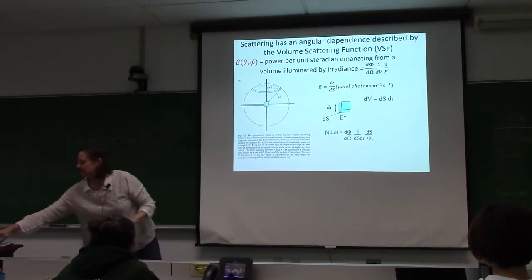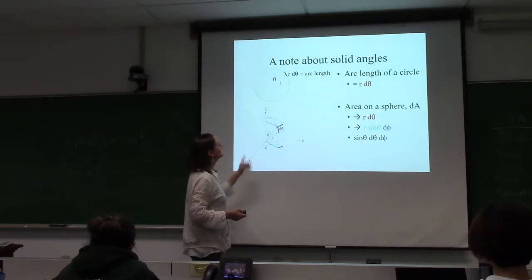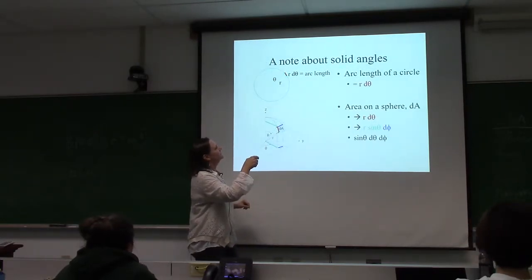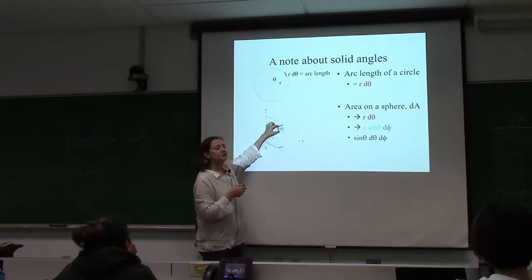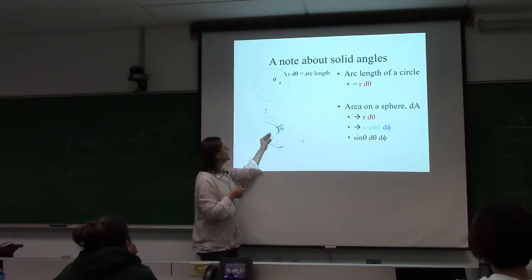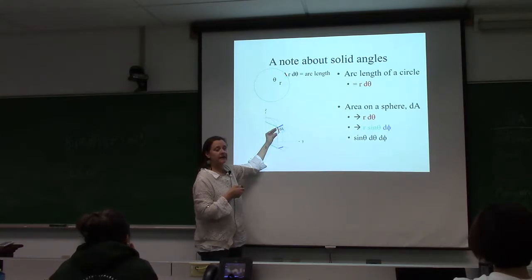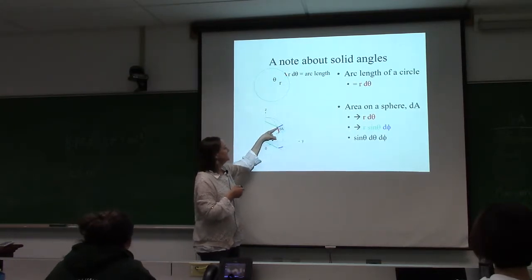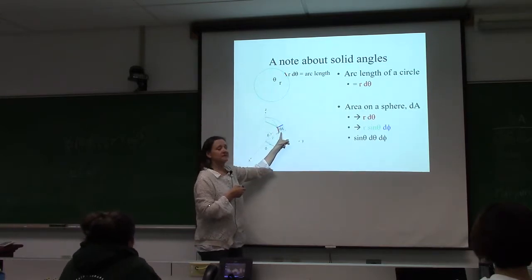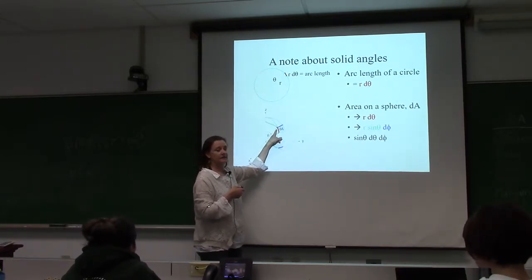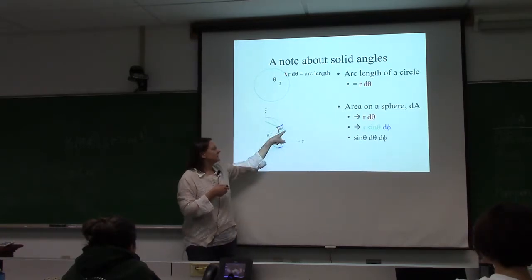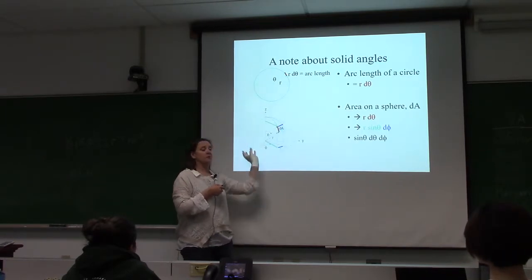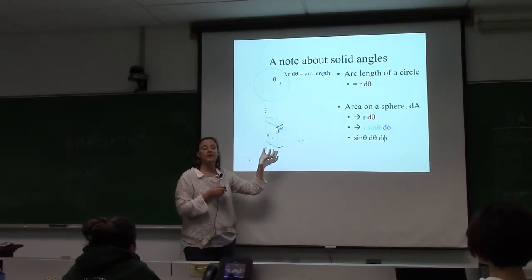In the same way that we have a little piece of length around a circle, we have a little chunk of area around a sphere. And this little chunk of area is represented by a little piece of d theta and a little piece of d phi scaled by the sine of theta. And if you added up the infinitesimal pieces of this area over the whole sphere, you would end up with the surface area of the sphere.